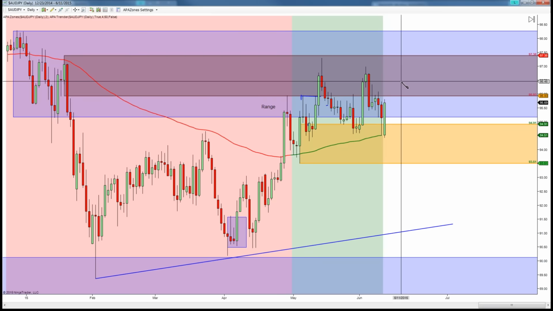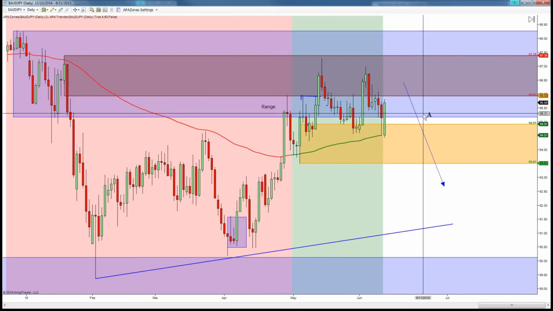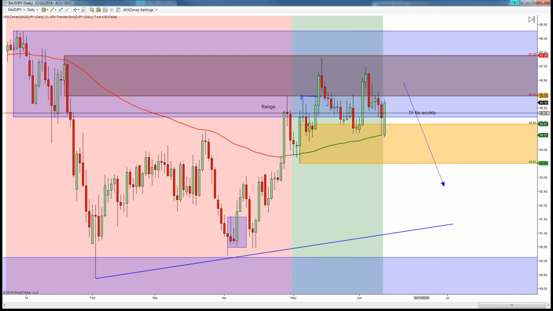Now, technically, I would say that overall, from the upside here, from the top brown zone, this would be a TF for a weekly perspective to the downside.